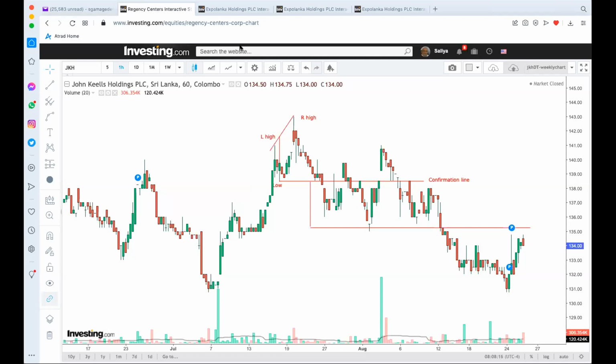Maybe repeat, not even 0.5% is the free float available in the stock market, right? 99.5% or a little over of the shares are with the owner. That's why it is easy for whoever wants to just play football with the share.